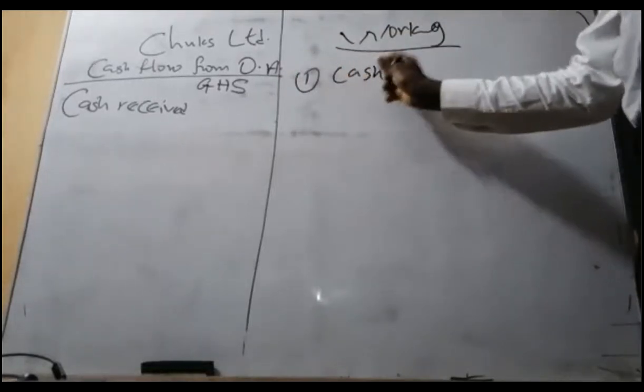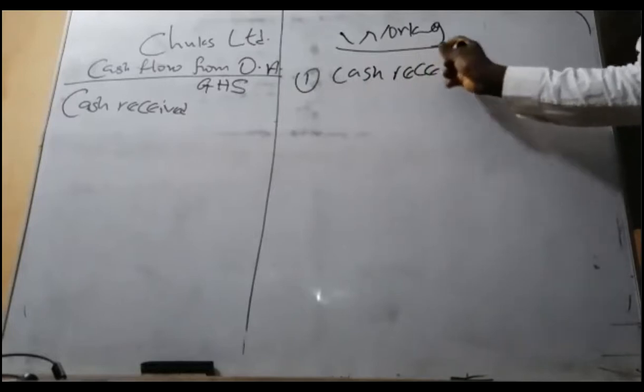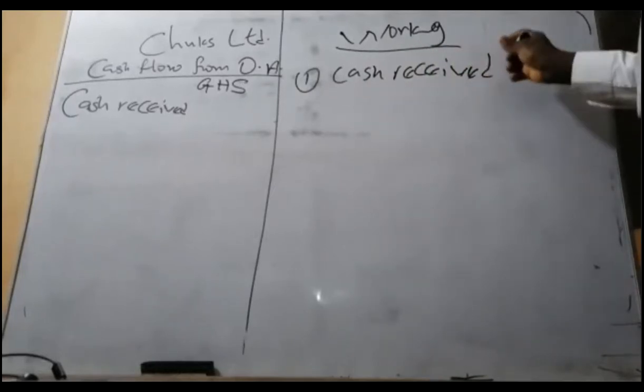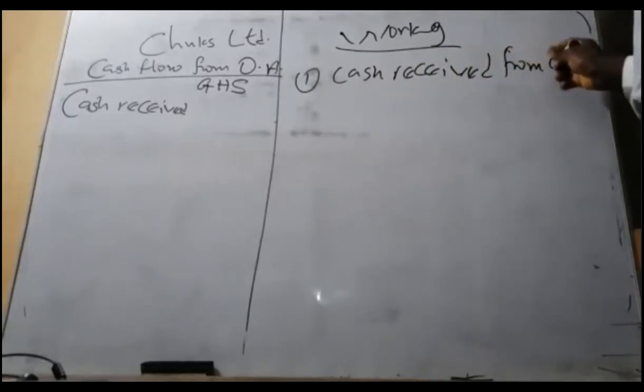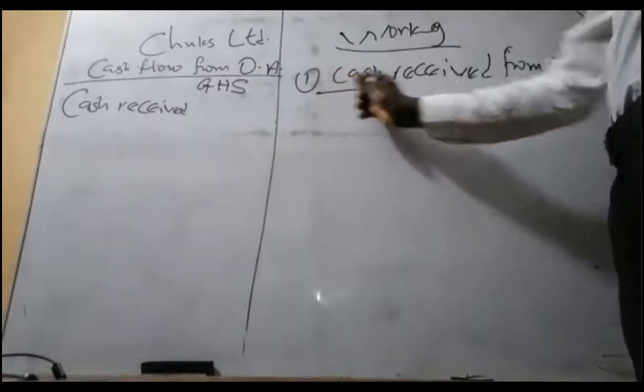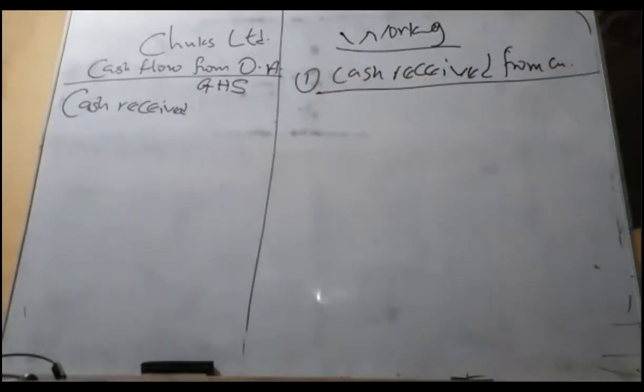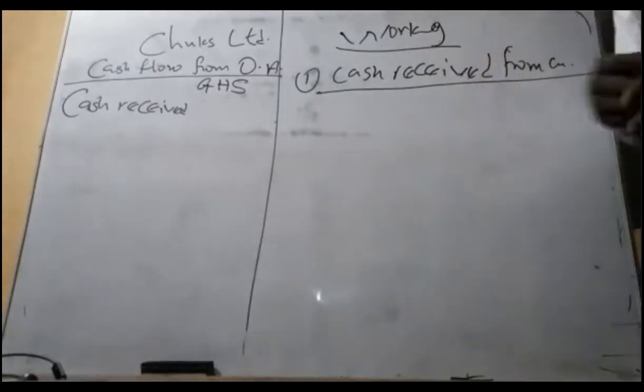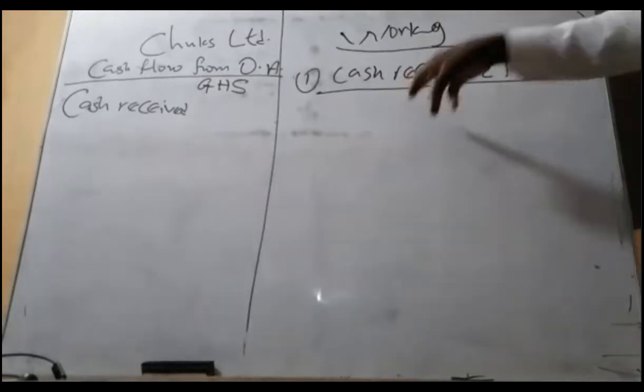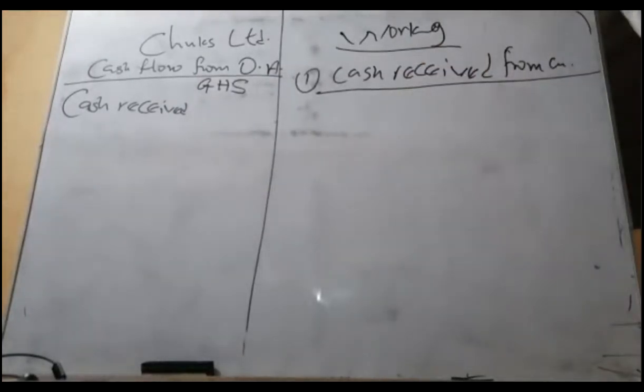Cash received from customers. Anytime you're looking for something received or something paid, there are 3 steps and you are done. First, get the opening balance of that item. Second, get the movement. Third, subtract the closing balance. You are done. Whatever remains gives you the cash received or cash paid.